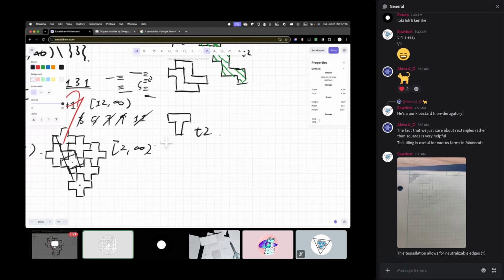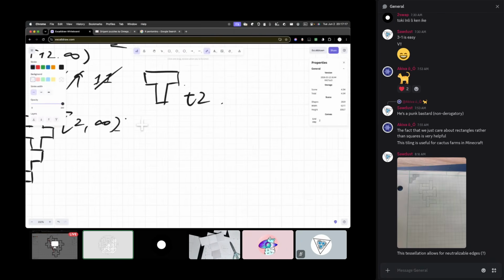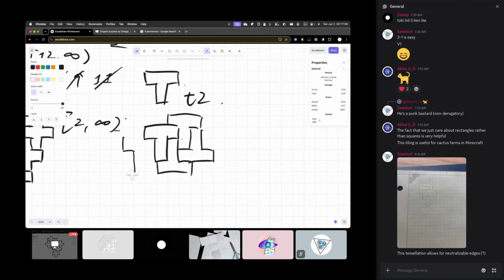So here's the tessellation as provided by Sawdust. We have this T, we have this T that's on the other hand, and then we have another T. This is getting cramped. And then we have another T in here. And what you can do is you can neutralize these edges with this.